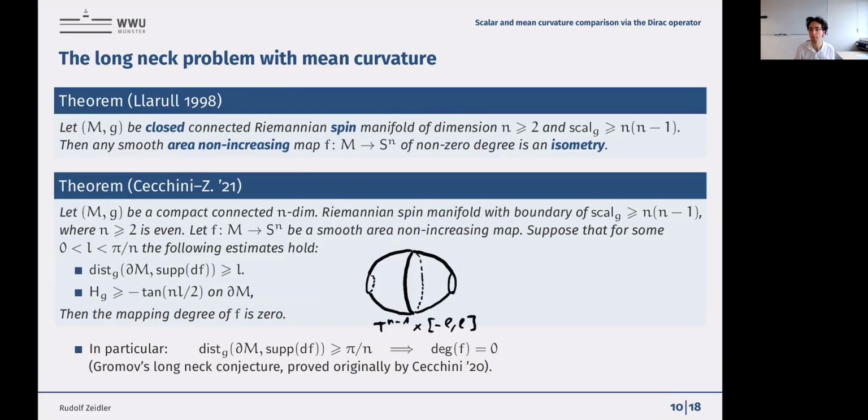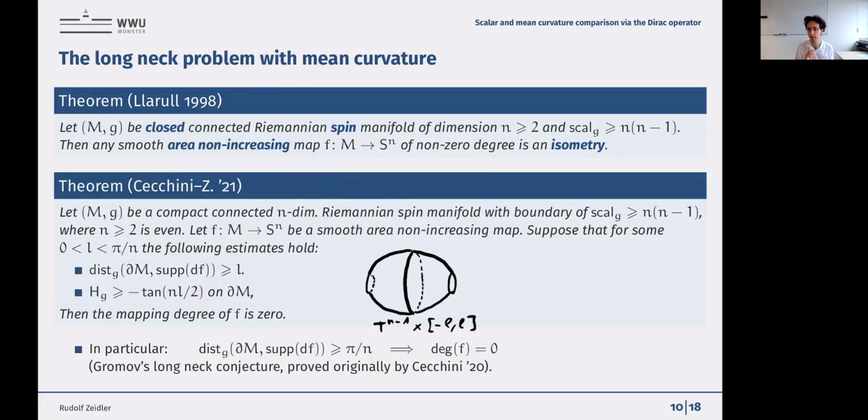And now the idea is you want to have a map to the sphere, in such a way that the areas don't get increased, and ideally you want to also achieve that the map has a support which is reasonably large, so that you can at least approximately show that this is optimal.